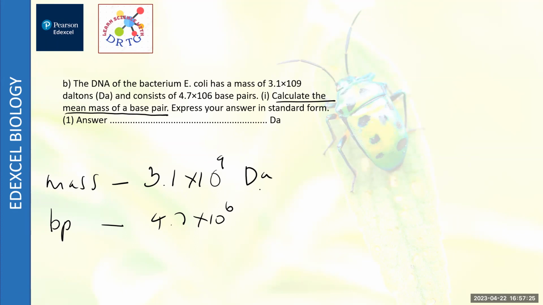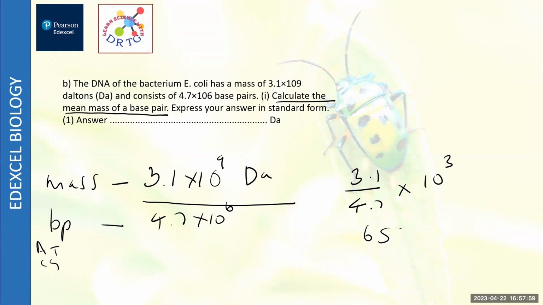So mean mass, mean there are 2 base pairs, A with T, C with G. So we get the mean of this. So we have to divide this mass by the base pairs. So 3.1 divided by 4.7, multiplied by 10 to the power 9 minus 6, 3. What is the number you get? 659.5.